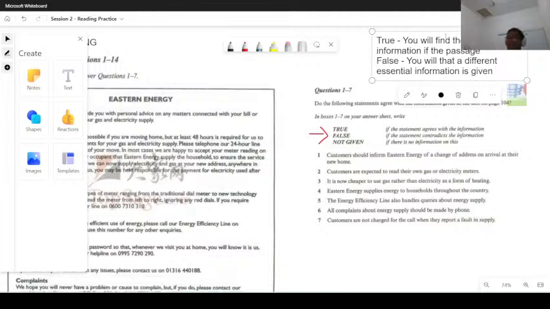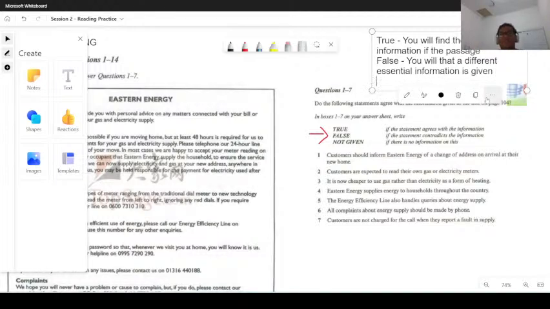If the question says Bill Gates discovered Apple, and the reading passage says Steve Jobs was the first person to discover Apple, some way like that, then it's clearly false because you found different information that is part of the essential of that question. I'll give you a sample in just a second.